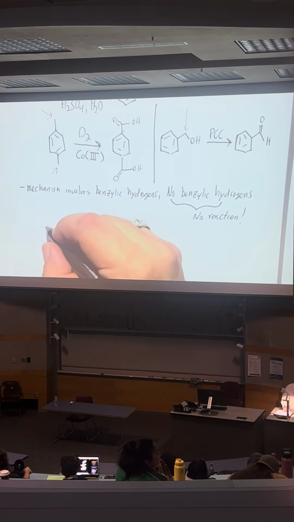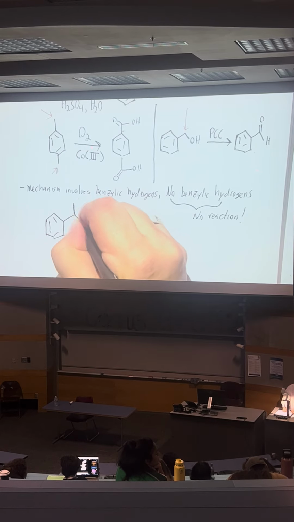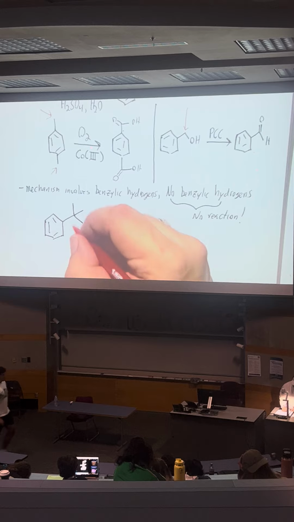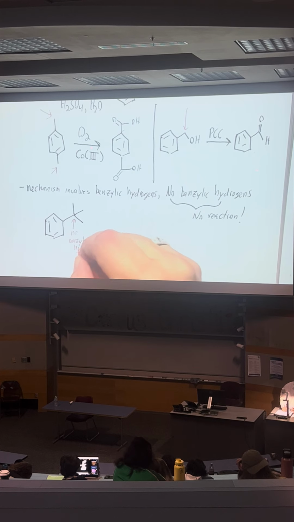So let me give you an example. If you have tert-butylbenzene, there is a benzylic carbon, but it has no hydrogens. This is an example where we have no benzylic hydrogens.